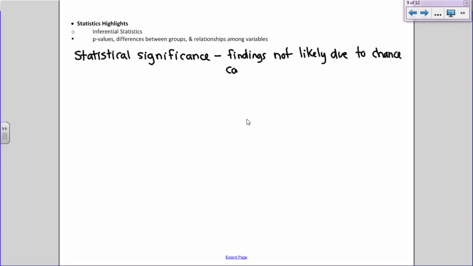We can be confident that the IV actually had an effect on the DV, and we can be confident that similar results from our study would be found in the population, because it's not a fluke. We are confident we got the results because whatever we manipulated worked.